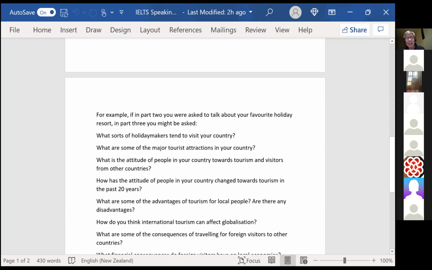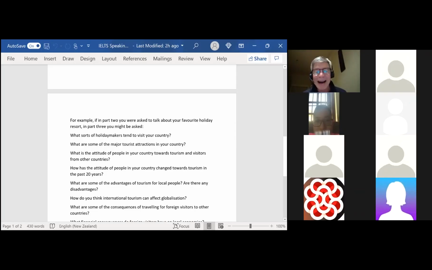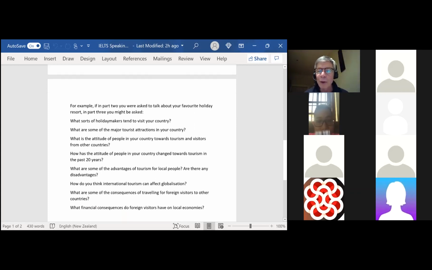So you can see I've written down some examples here. What sort of holiday makers tend to visit your country? What are some of the major tourist attractions in your country? What are some of the advantages of tourism for local people? Are there disadvantages? So these questions are slightly harder and require you to think a lot more quickly.